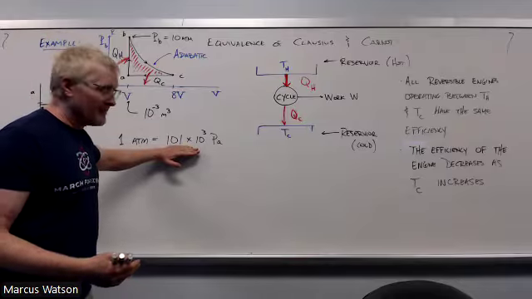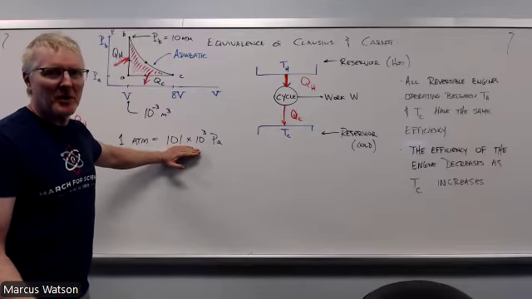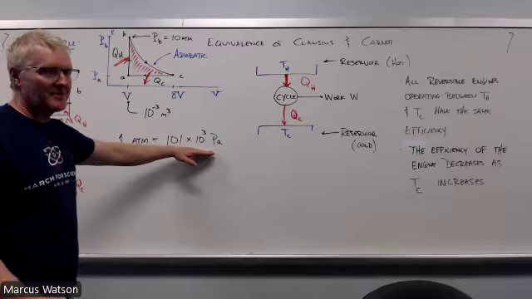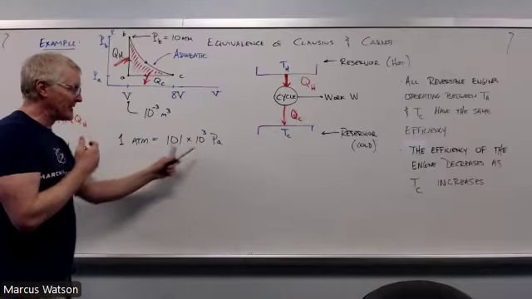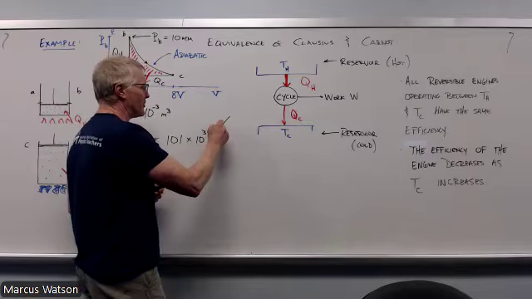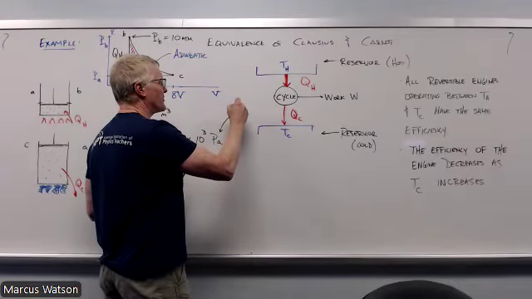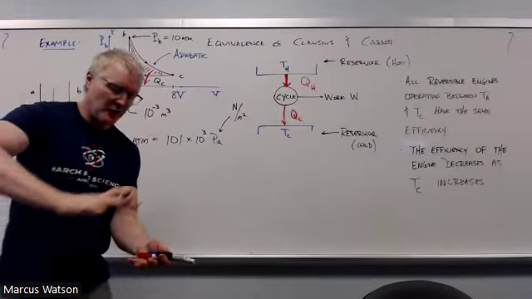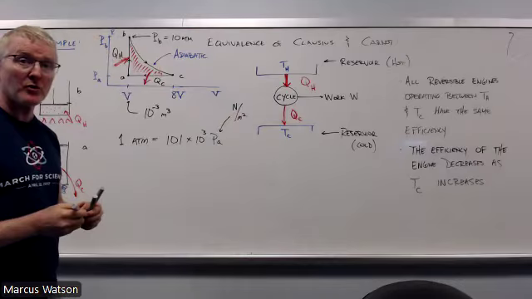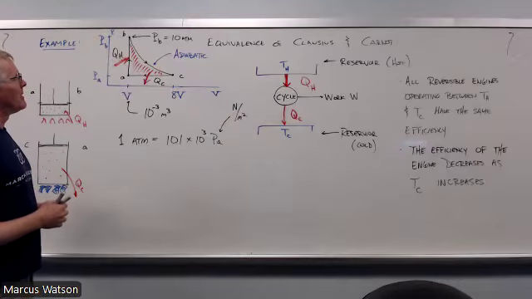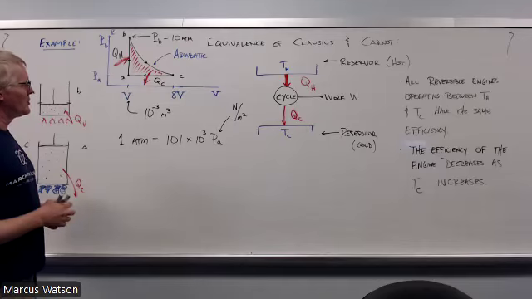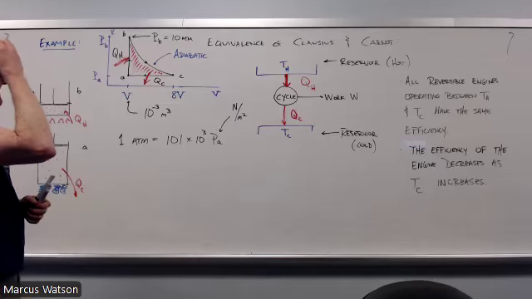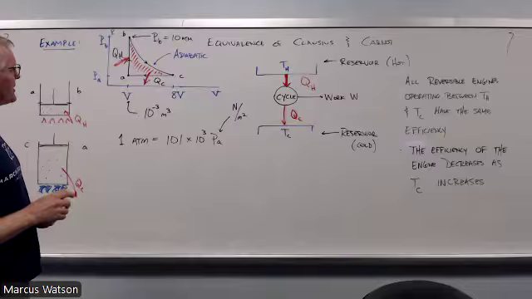I just know it's 101 times 10 to the 3, 101 kPa. Now remember, if you haven't seen the pascal before, that's an amount of force per square meter. So that's a pressure. Okay, so with that, let's start.